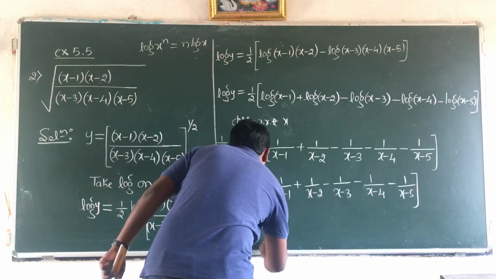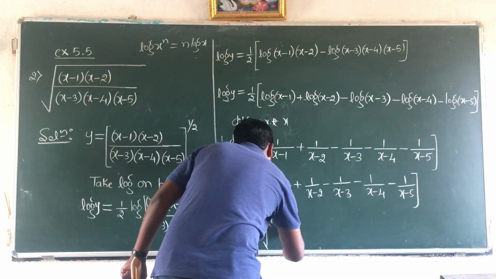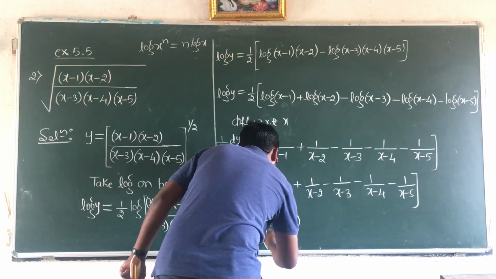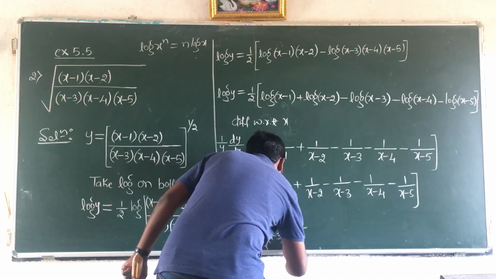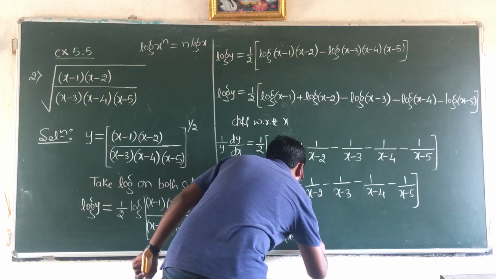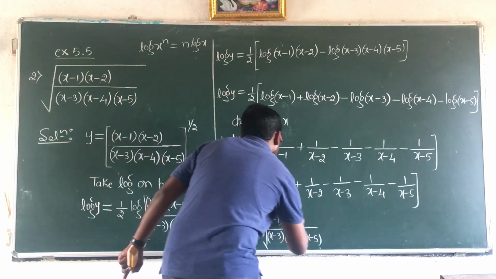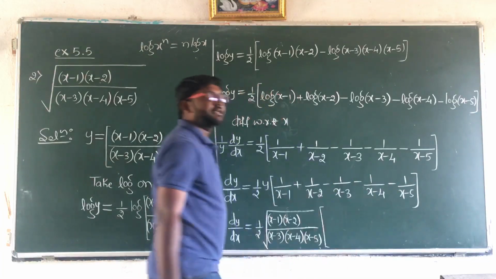Now y is going to be the given problem, x minus 1 into x minus 2 divided by x minus 3 into x minus 4 into x minus 5, into this term must be written as it is.